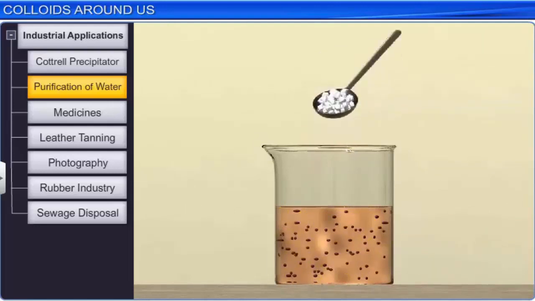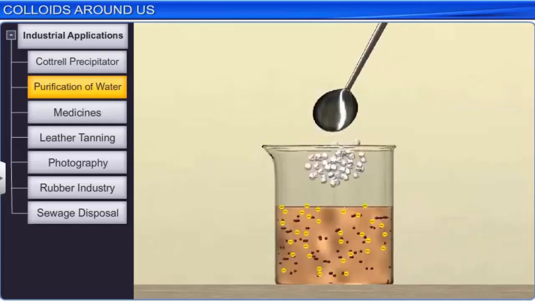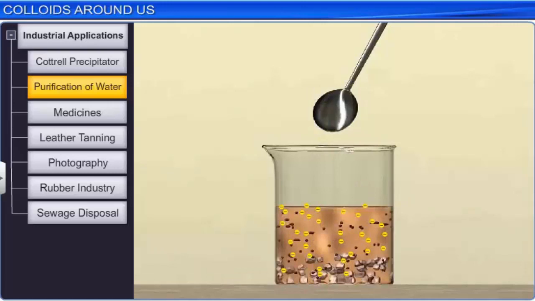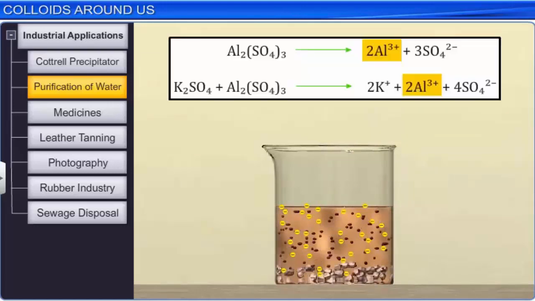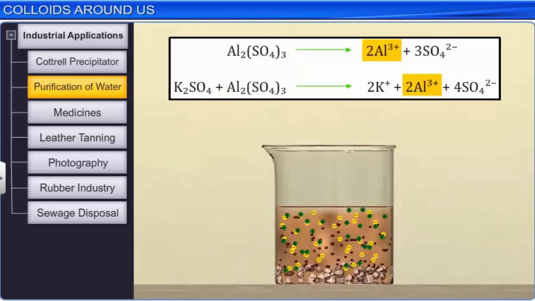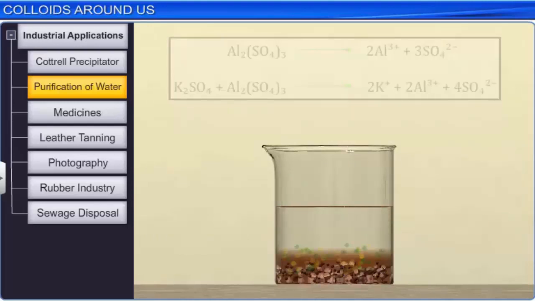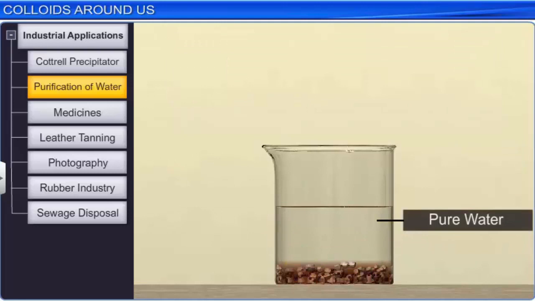The negatively charged colloidal particles of the impurities get coagulated by the action of the aluminium 3+ ions furnished by the electrolyte and settle down. Pure water can then be filtered or decanted off.